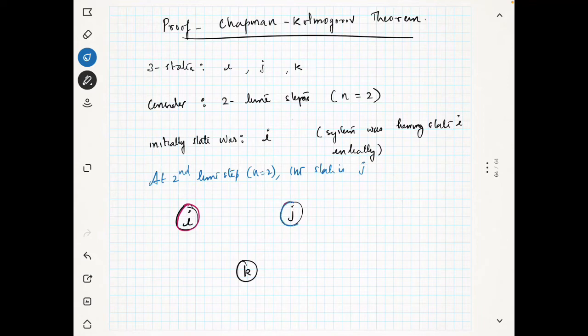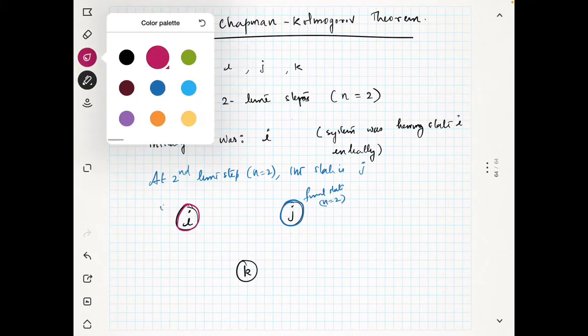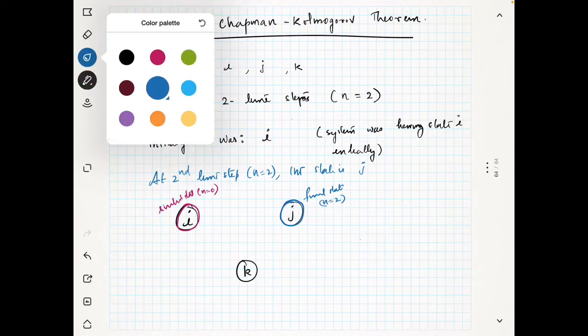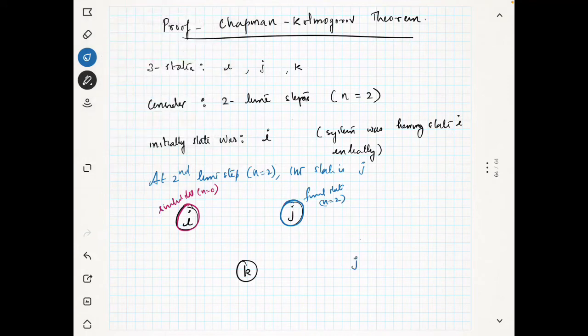This is our final state at n equal to 2, and this is our initial state at n equal to 0. Now how can we reach J? Actually, we can reach J in many different ways, and that is what I am going to explain. We have J as the final state. How can we reach J?